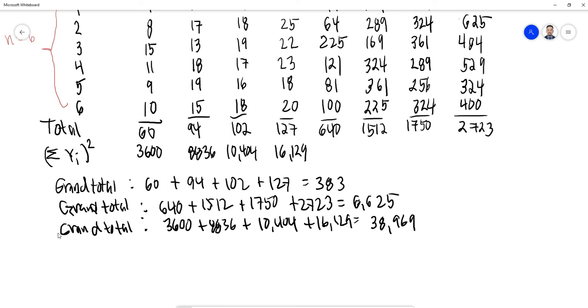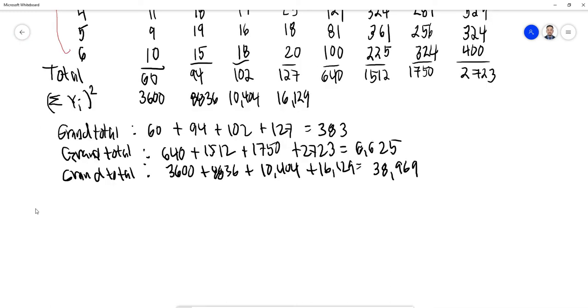Now we can compute the total sum of squares, or SST.